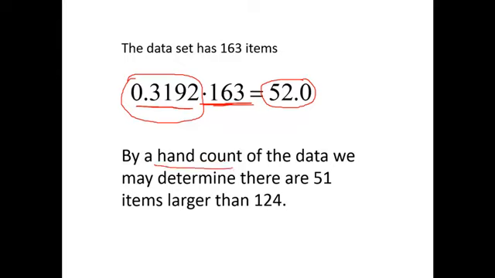I actually have my data set here, and it turns out to be 51, which is nice. It's not exact, but it's nice. And so this would give me an idea. I could look at this and say, oh, about 50 of my students ought to fit this criteria, and that would be a good answer.